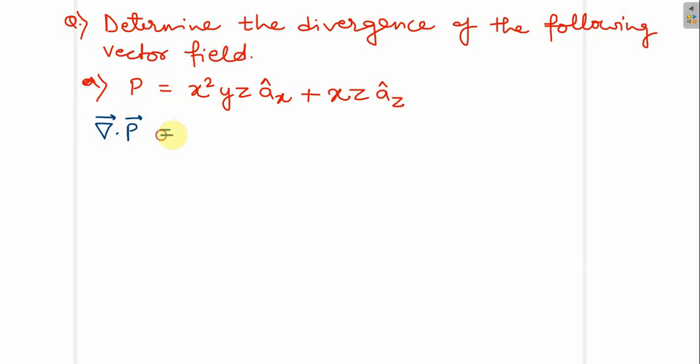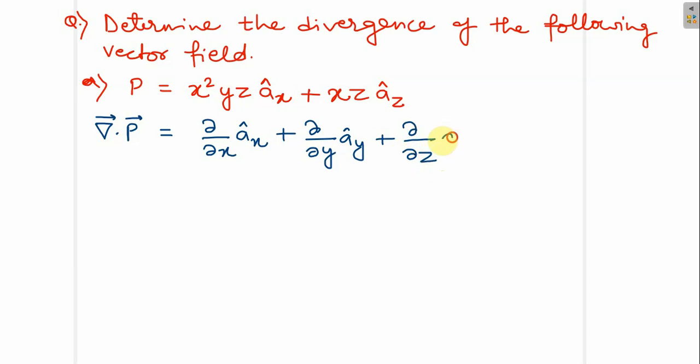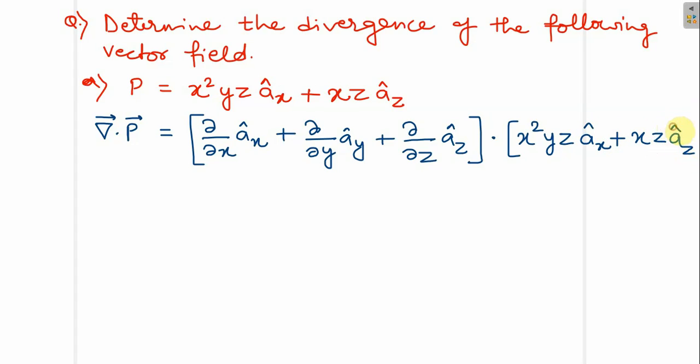So del dot P equals del x ax plus del y ay plus del z az, dot this P, which is x square yz ax plus xz az.